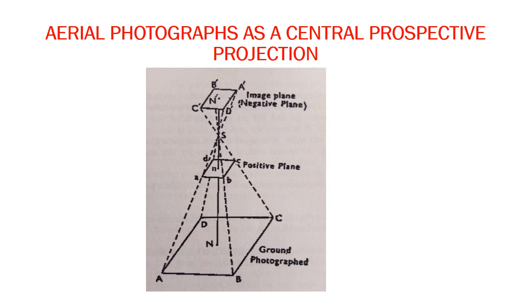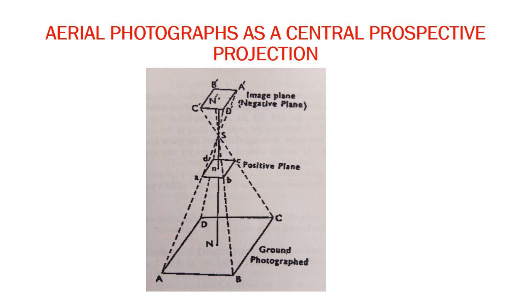Second, an exception to the above rule is that lines parallel to the negative plane are projected as parallel lines. In the figure, lines AD and BC, which are parallel to the negative plane, are projected as parallel lines AD and BC. So this was about the central perspective projection.